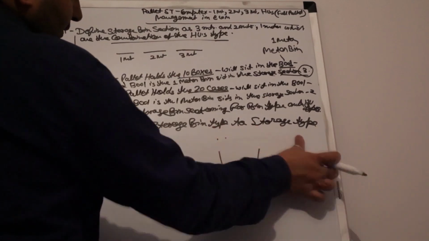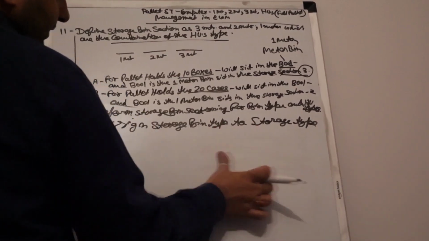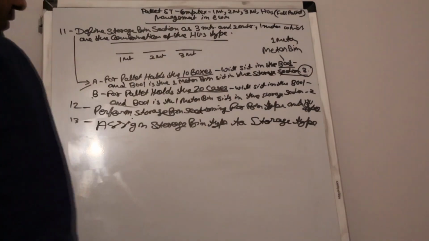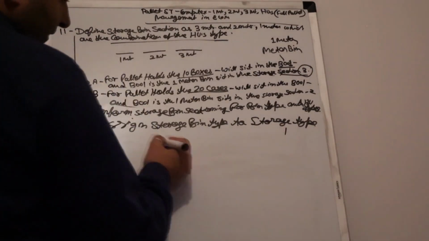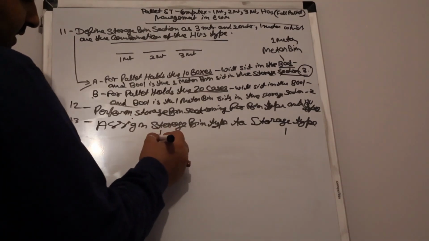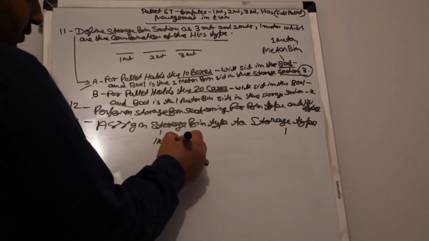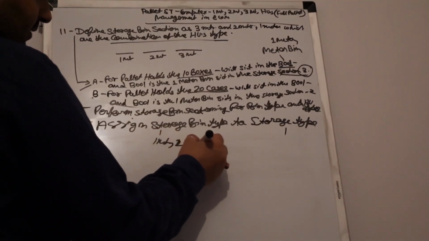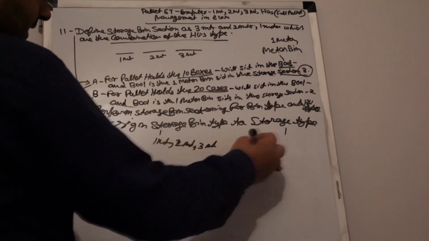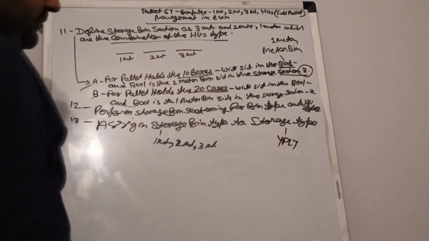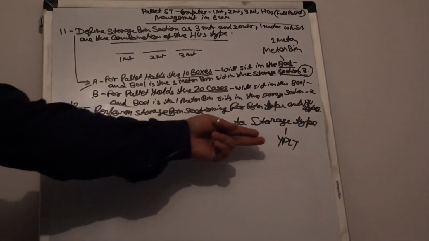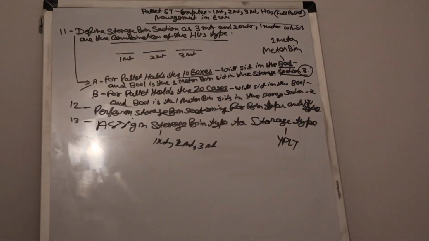So we need to do it here in the configuration: assign storage bin type to storage type. Our bin types are 1 meter bin, 2 meter bin, 3 meter bin, and our storage type is YPLT, the pallet storage type.